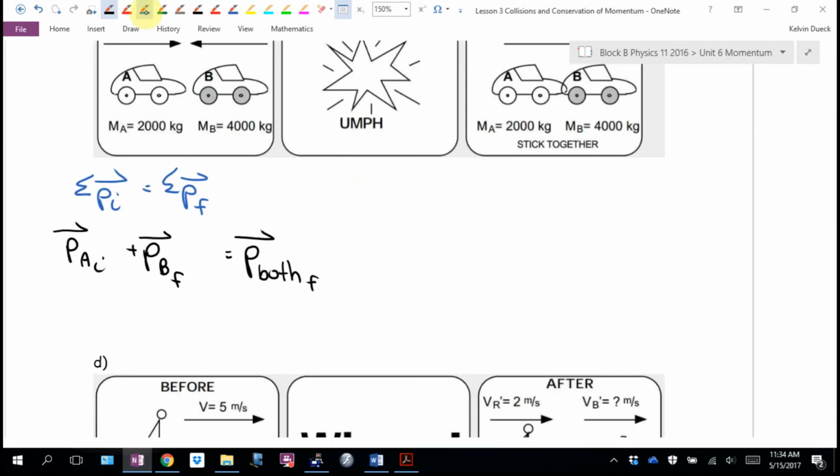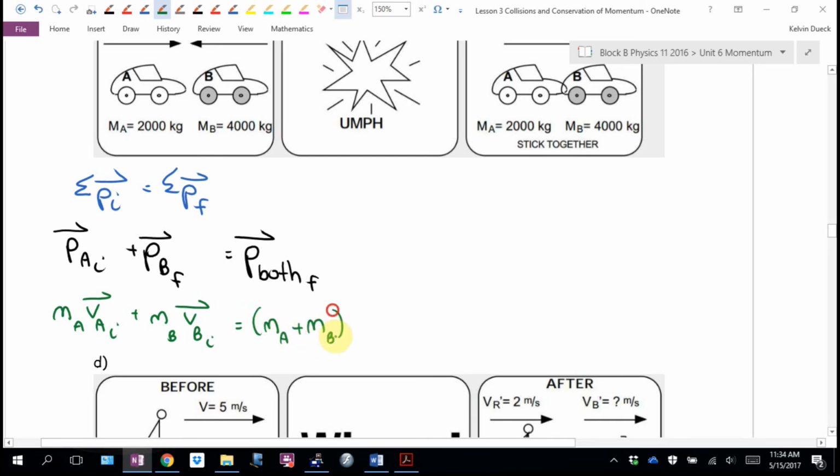Momentum is what times what? So this is going to be mass A, velocity A initial, plus mass B, velocity B initial. When they collide? Both. Hey, how about mass A plus mass B, V final? I think that would be the momentum of both stuck together, wouldn't it? Yeah, you treat it like one big uber mass. What am I trying to find?